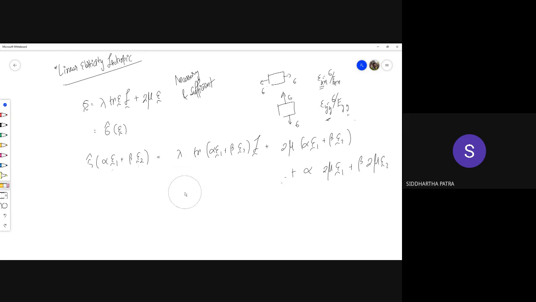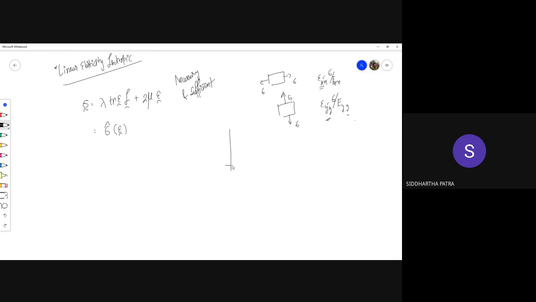Now, anytime a constitutive relation is linear, it is also elastic. Okay. Why? Think about it.